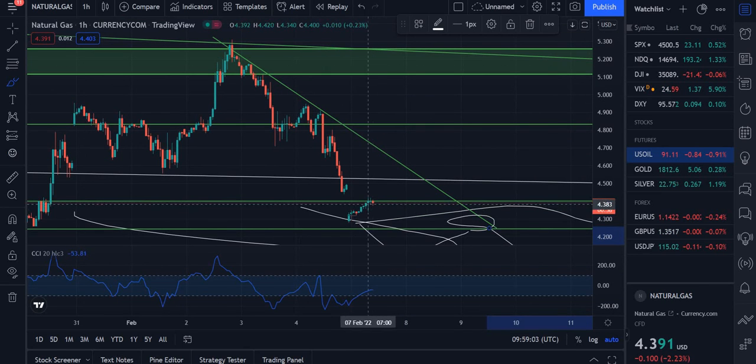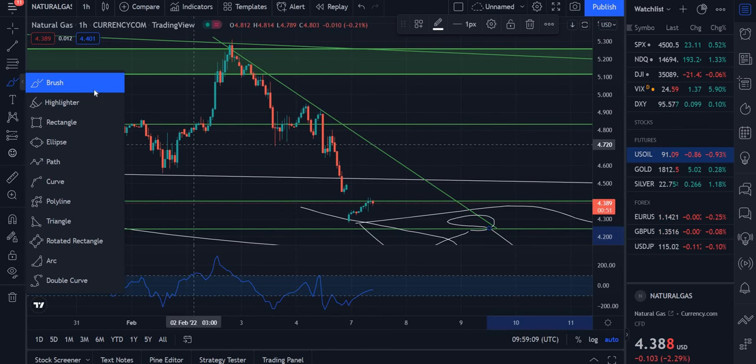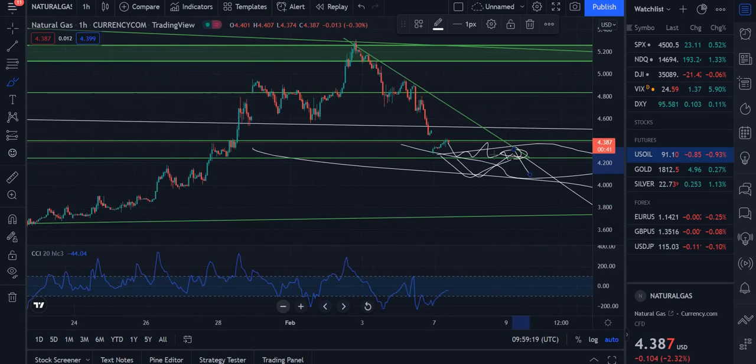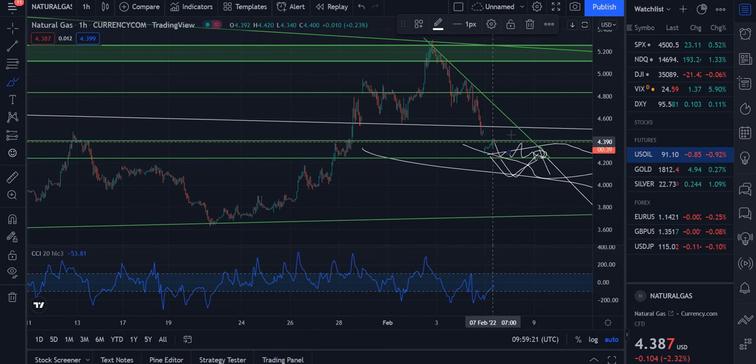So here now we broke the first green line, but still above the second one. So again, the market has just barely opened and the week has only begun, but the initial move would be the break here, a retest here, and then a short down. So here break and then short from here.